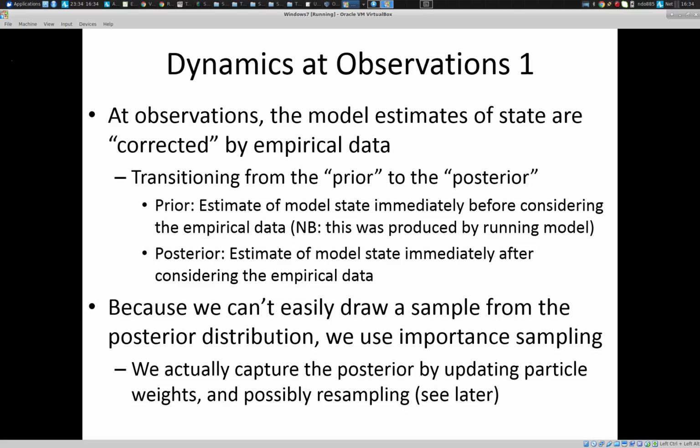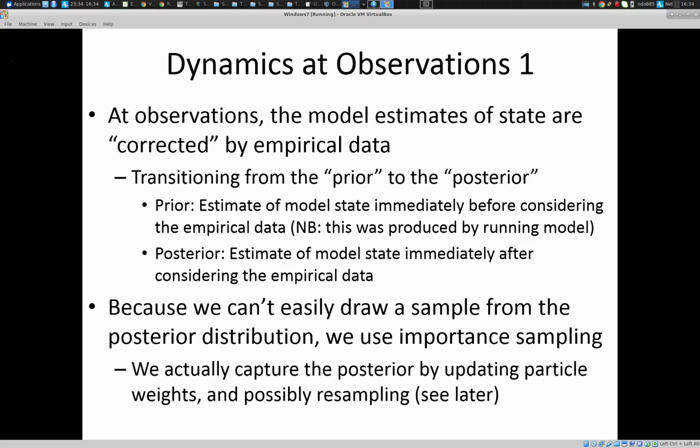So at observations, the model estimates of state are corrected by the empirical data in the sense that the weights for particles that are less consistent with that data get smaller, and those that are more consistent get larger. As a result, when we sample from the distribution of particles according to weight, we're sampling more of the ones that are consistent with that data than we would have before this observation, okay? So each observation is shaping the set of particles in a way that it has survival of the fittest.